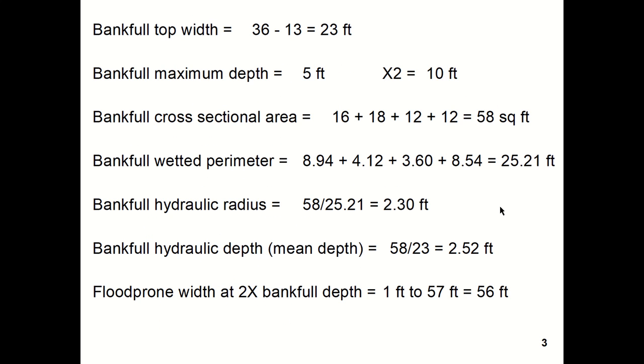Now, the bankful top width, examining the data, would be 36 minus 13, giving you 23 feet of width. The bankful maximum depth, you examine the table, is 5 feet. If we multiply that by 2, that's the depth at which we will determine the flood-prone width.